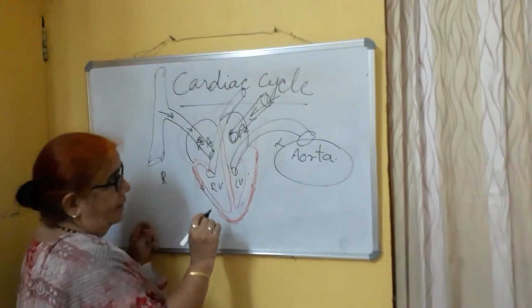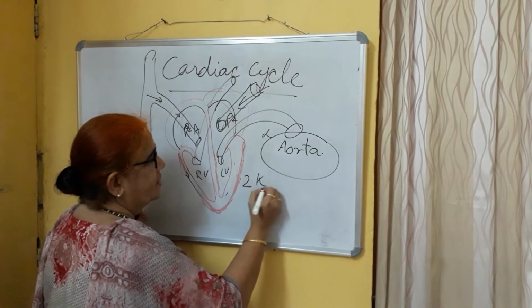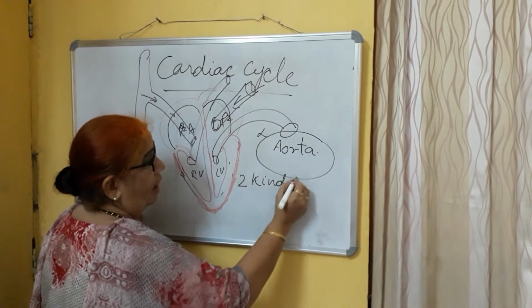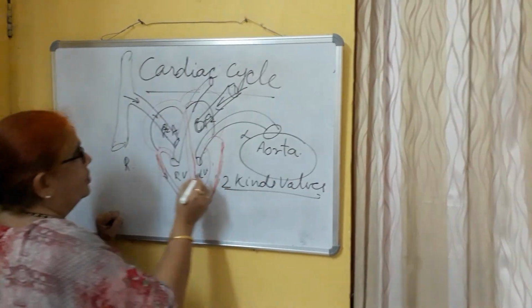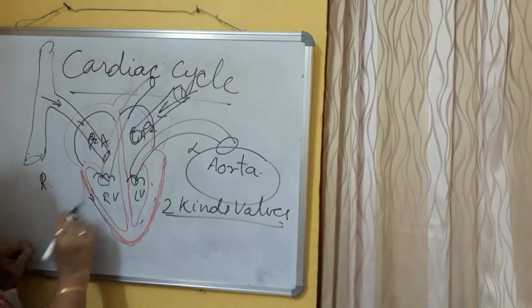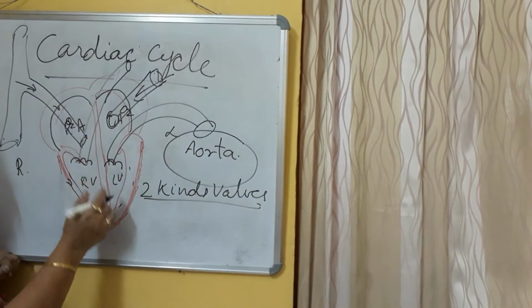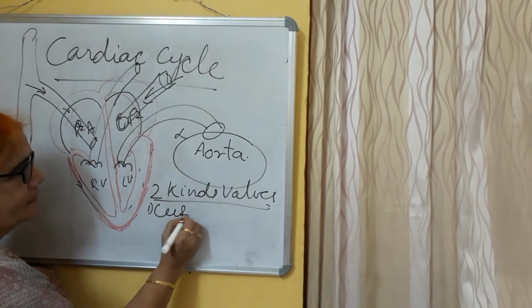So first of all, I wanted to tell you there are two kinds of valves. One valve will be here, one valve will be here. The first variety valves are called cuspid valves.